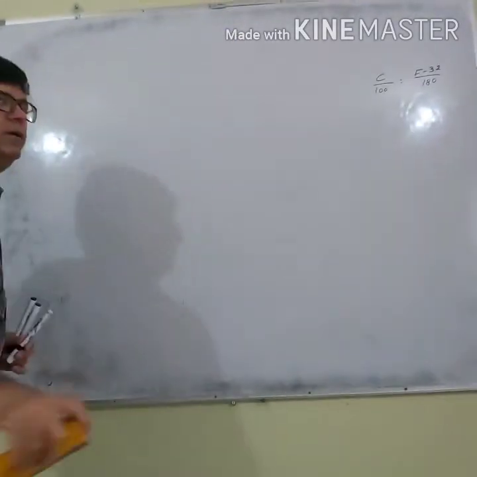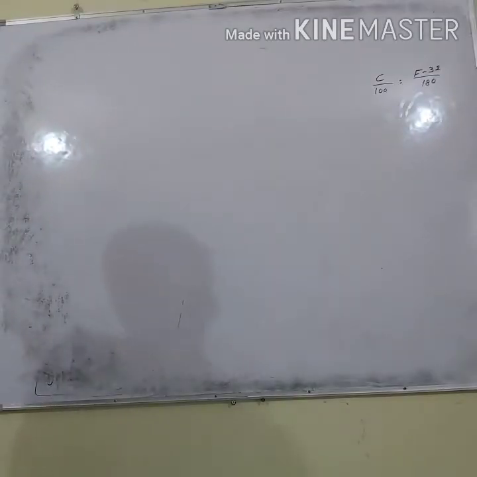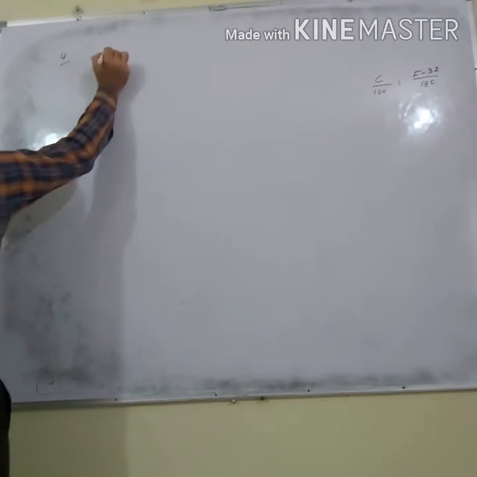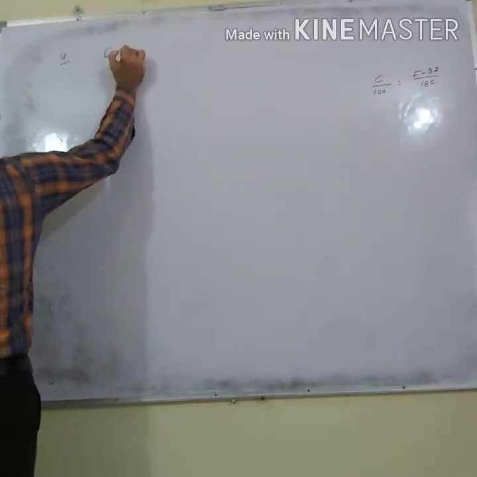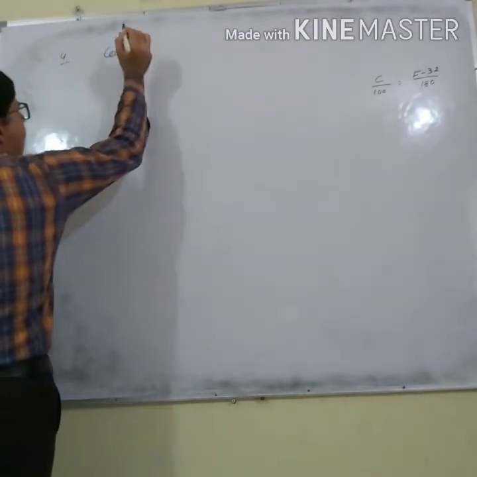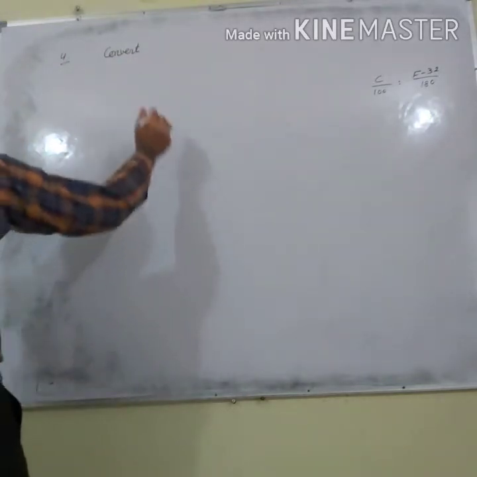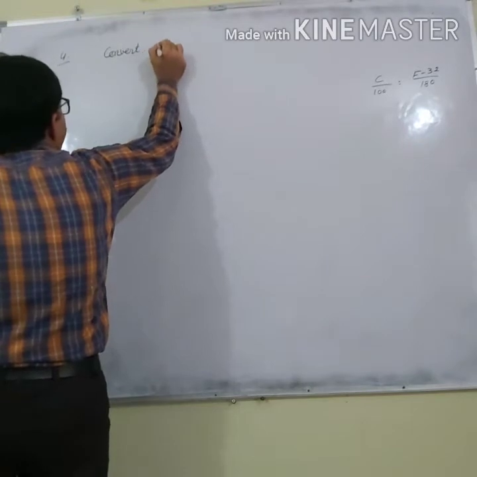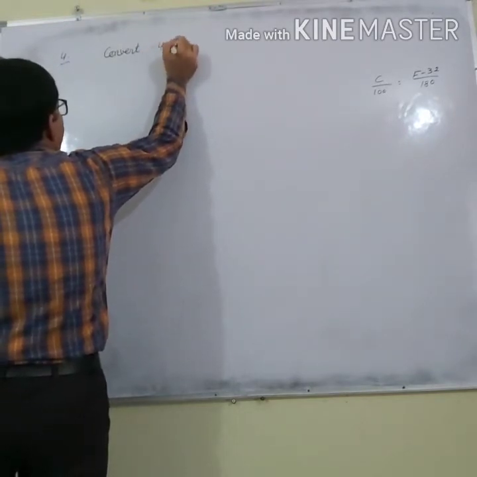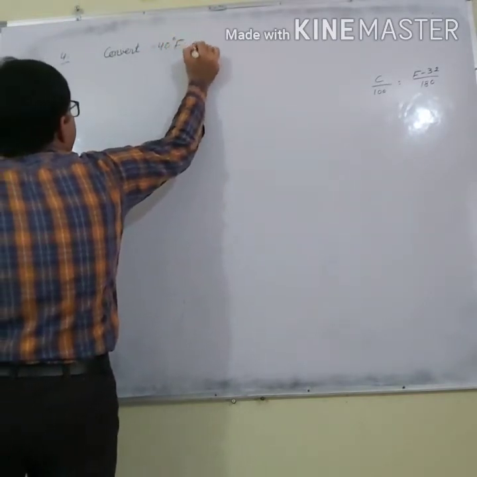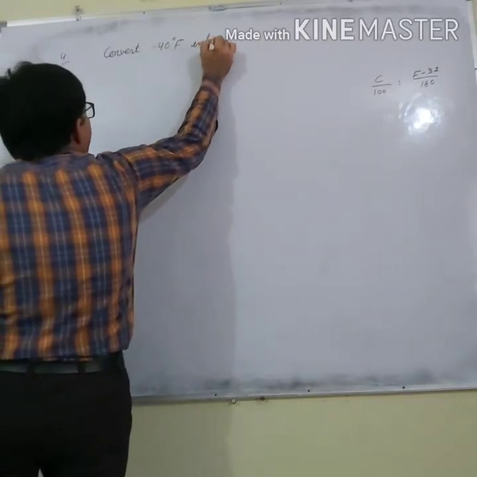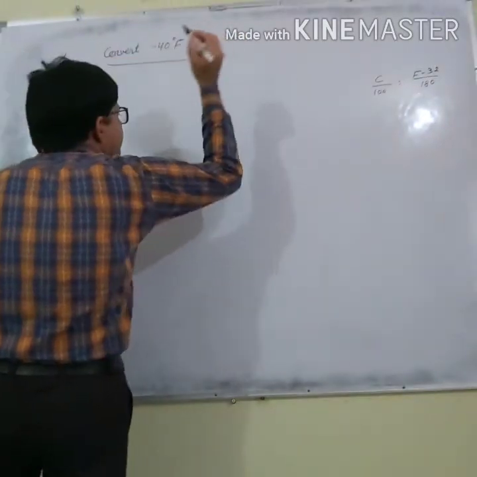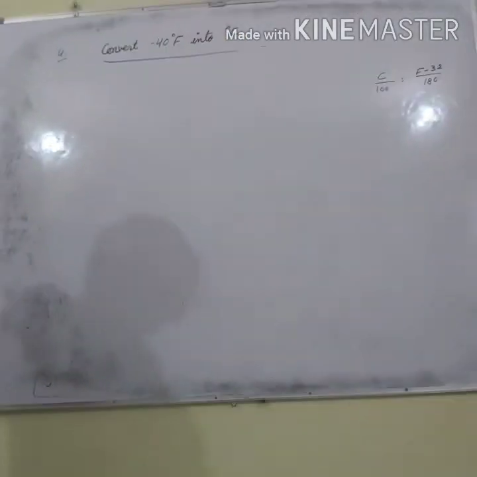Let's convert Fahrenheit into Celsius. Question number 4. Convert minus 40 degrees Fahrenheit into degrees Celsius. How can I convert?